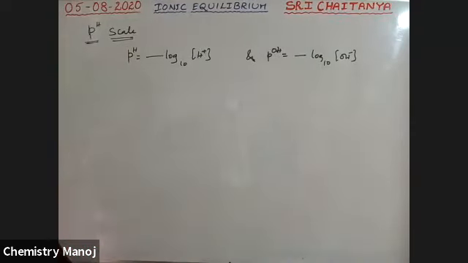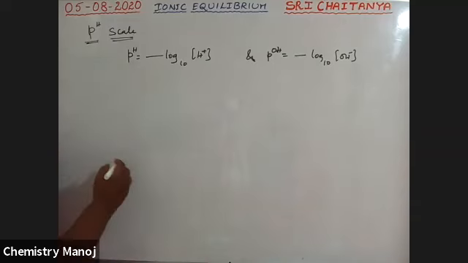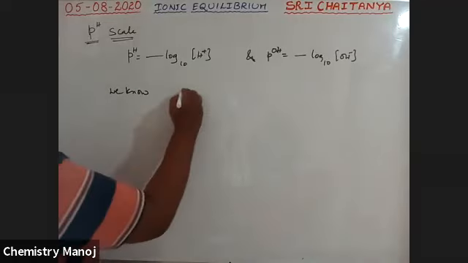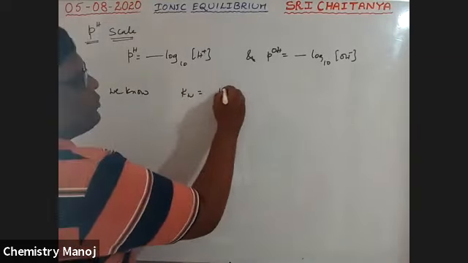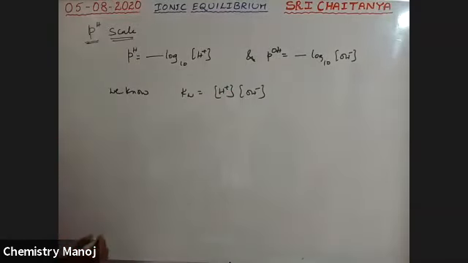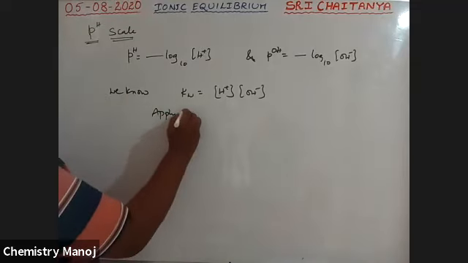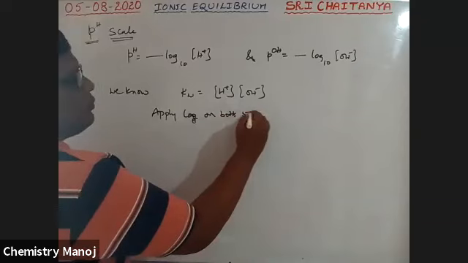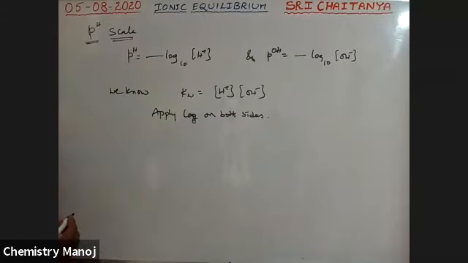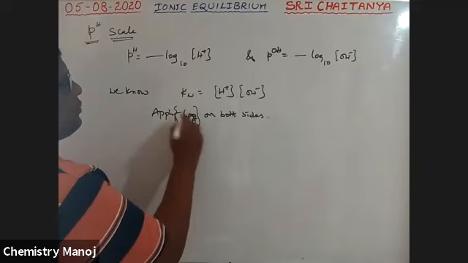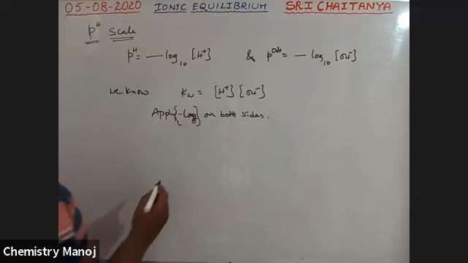So these pH and pOH formulas are applicable at any temperature. We know Kw is equal to H plus ion concentration into OH minus ion concentration. Apply minus log on both sides.